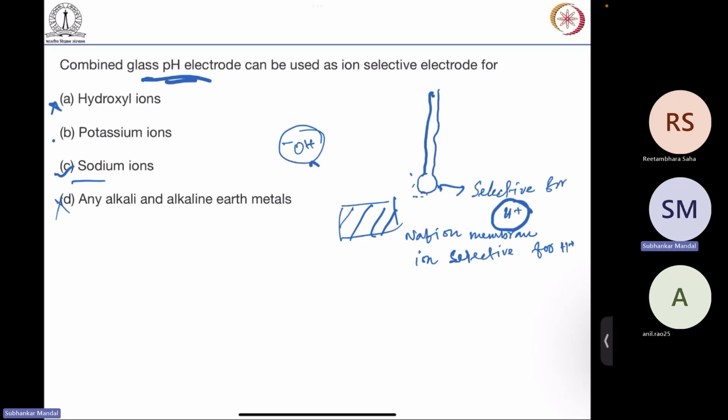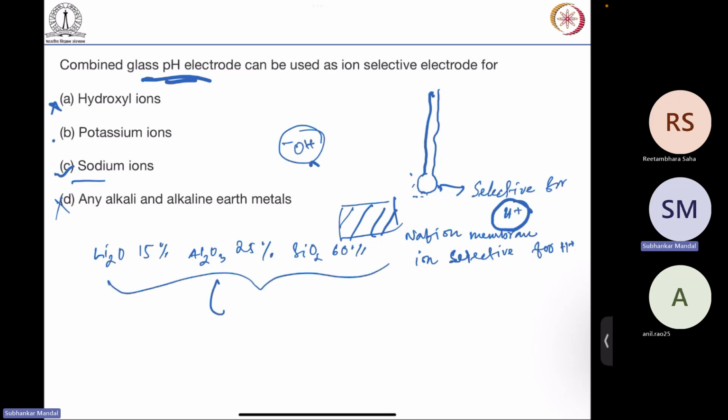Like I remember, if you mix lithium oxide 50%, alumina 25%, and silica 60%, then that composition will be particularly ion selective for lithium ion.